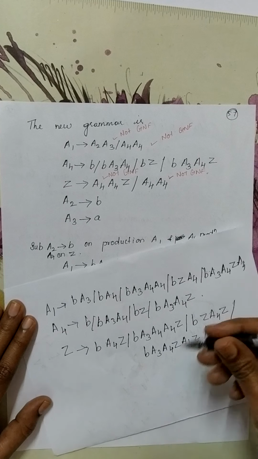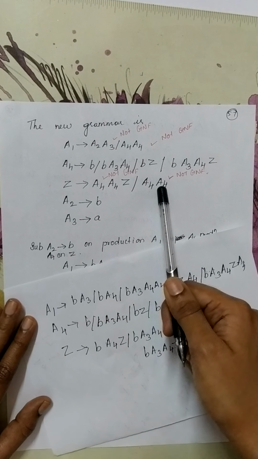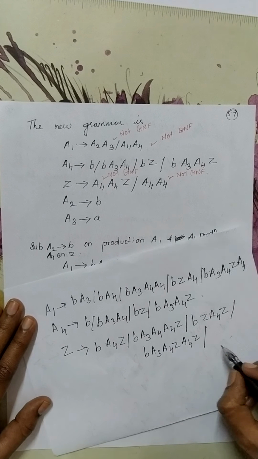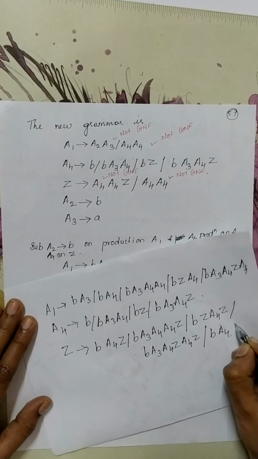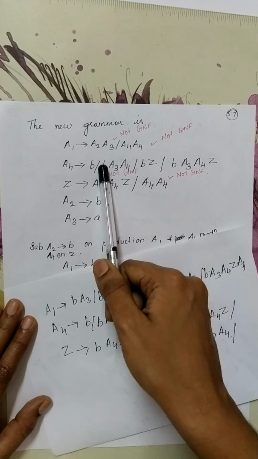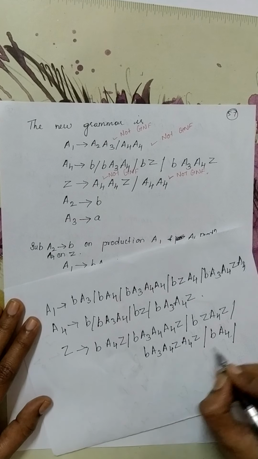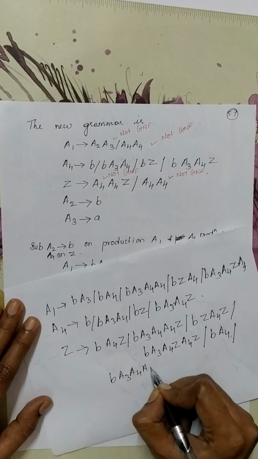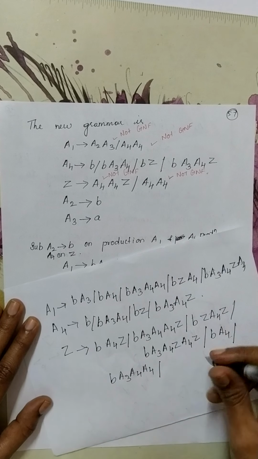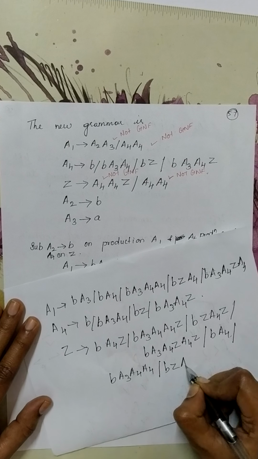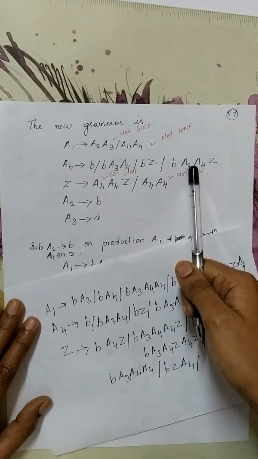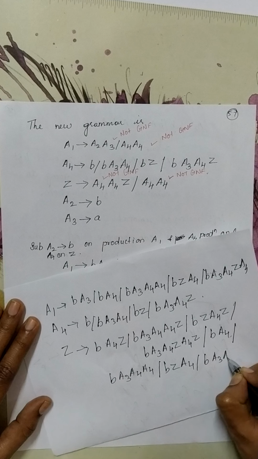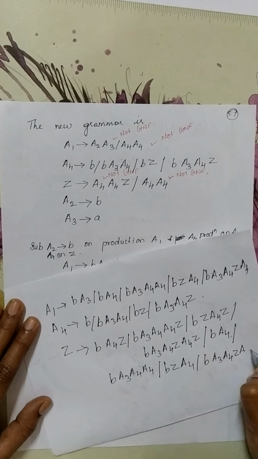Then we are having another production, that is A4 A4. In this one we have to write what this A4 is. This one B A4, then B A3 A4 A4, or then B Z A4, then B A3 A4 Z A4.